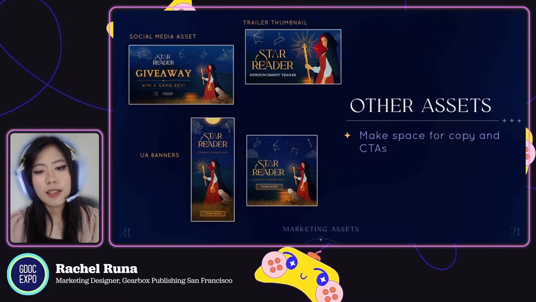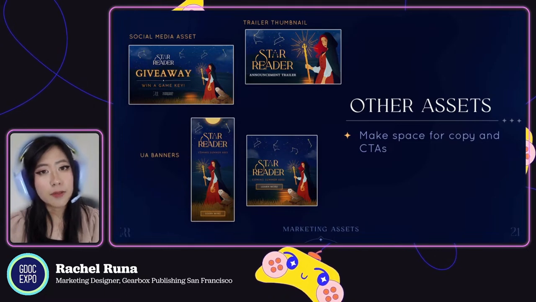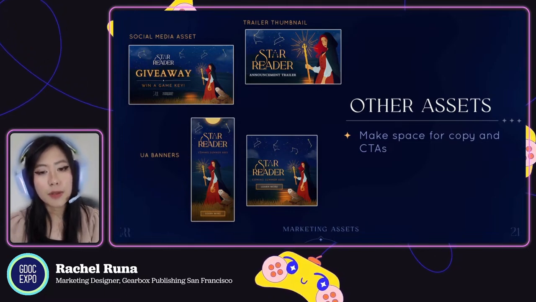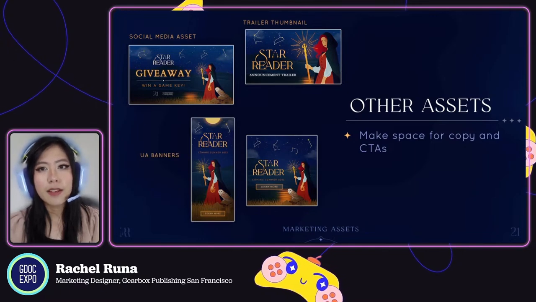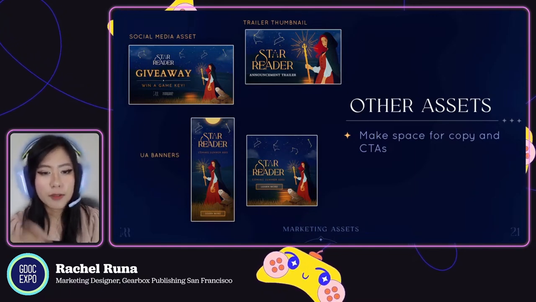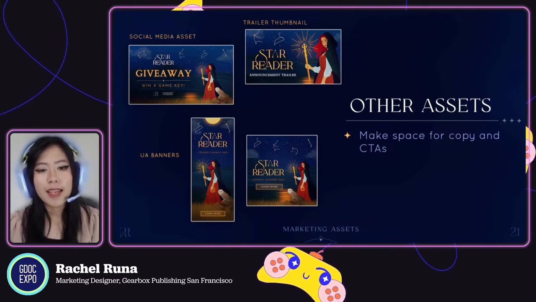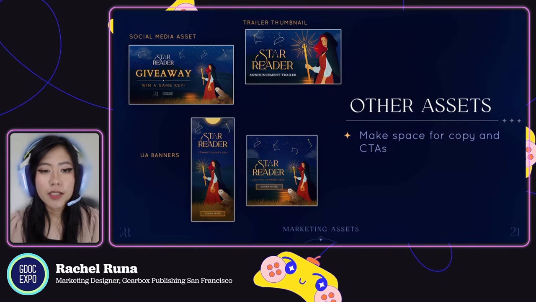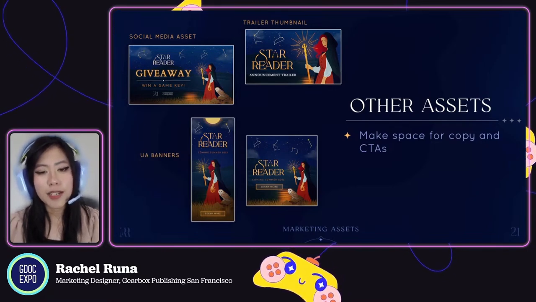But some optimal placement for the copy will be directly under the logo. And then to keep everything reading top to bottom, you would have the button right underneath that copy. And in the case of the more vertical UA banner, I do have the button at the very bottom.